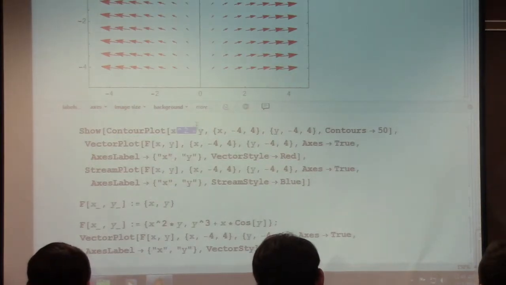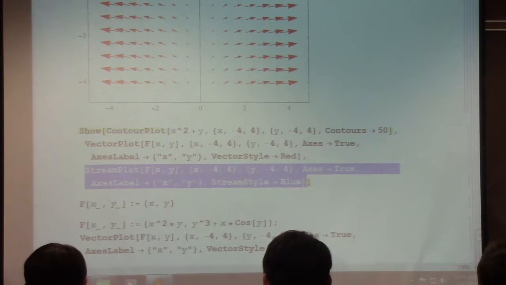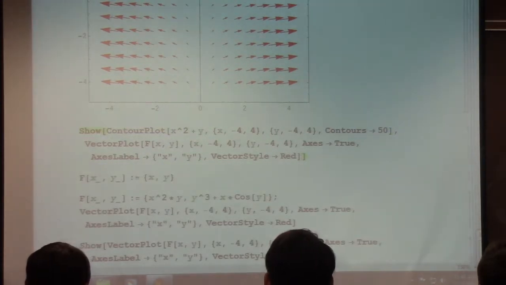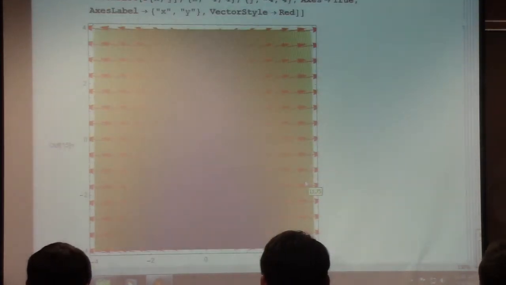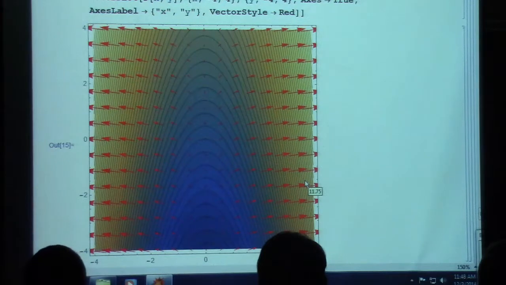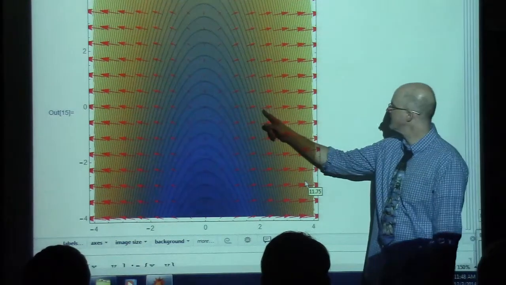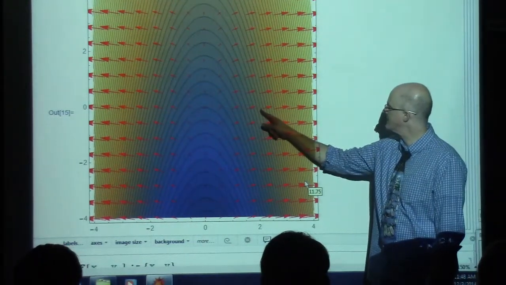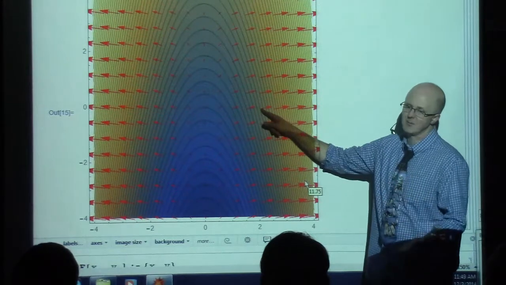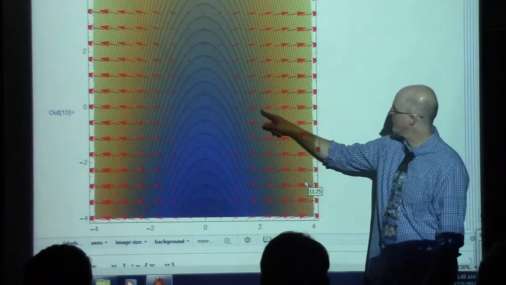So if I combine this with ContourPlot, get rid of this for the moment, with Show, I can see that those gradient vectors are perpendicular to the level curves wherever they are based. This one is based right there on this level curve. It is perpendicular. In other words, orthogonal and normal are other words that are used, to the level curve at that point.